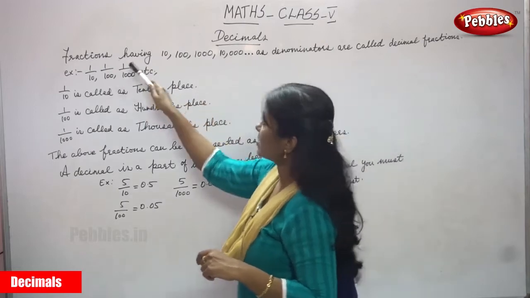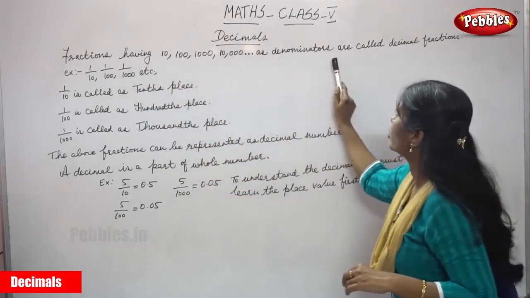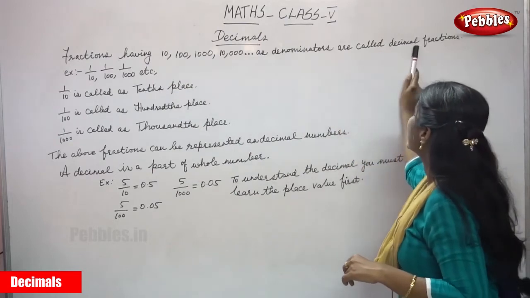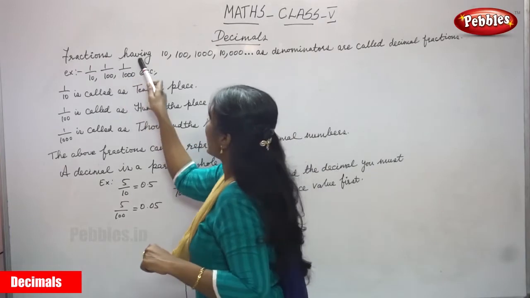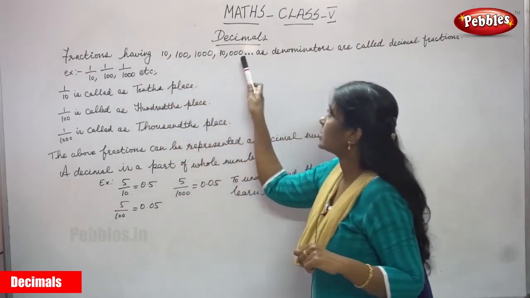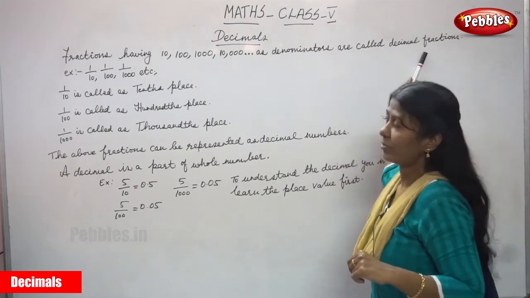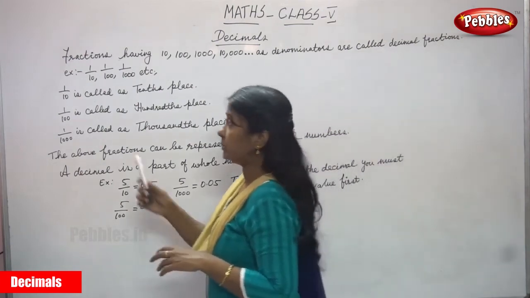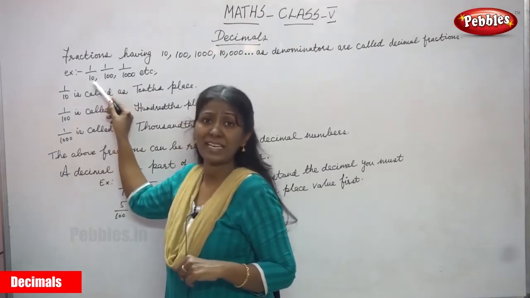Decimals. Fractions having 10, 100, 1000, 10,000 as denominators are called decimal fractions. Look at the example. 1 by 10: 1 is the numerator and 10 is the denominator.